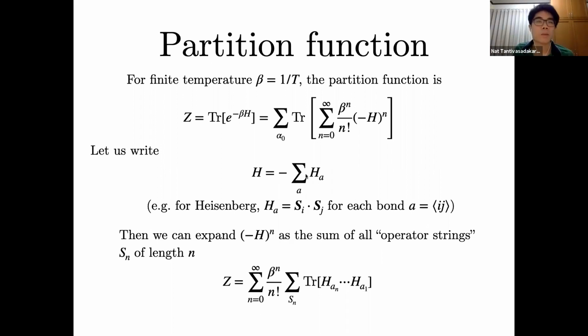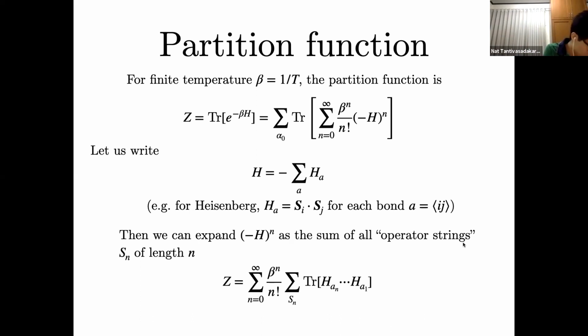And so this will just be summing over all such individual terms in the Hamiltonian. Now, if I plug this sum into the product of minus H to the n here, then when I expand this out, it becomes a sum over all the terms of the different possible H's. When I take this trace, I'm taking all the possible H_A's that I can insert here, and I will be summing over all such configurations. I'm going to call such a configuration an operator string.